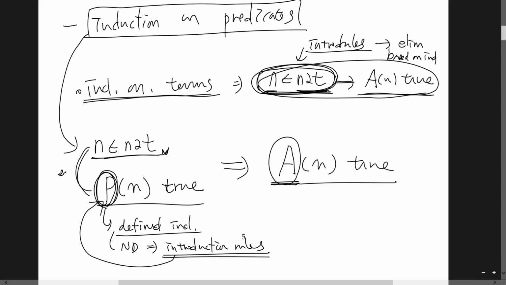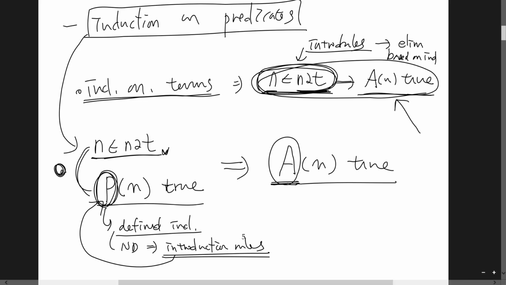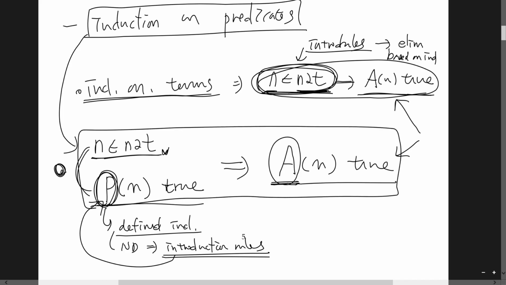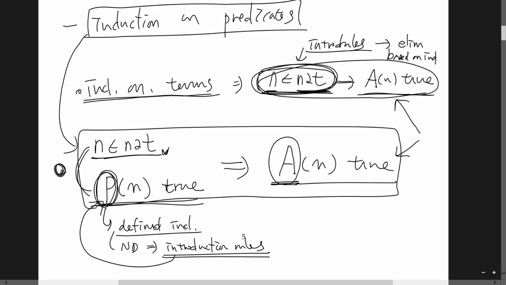And this is the problem that we'd like to deal with. So there is a clear difference between the first case and this case. And our intuition tells us that the second form of elimination rule will be much more powerful because it directly works with these judgments.